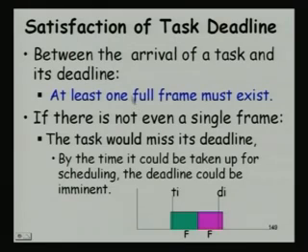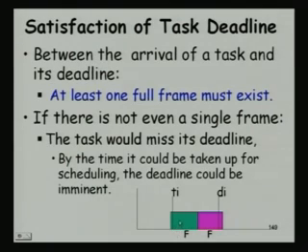Now, let us look at the third constraint, that is satisfaction of task deadline. So, let us say this Ti, Ti is let us say a task name, and it arrives at this point.